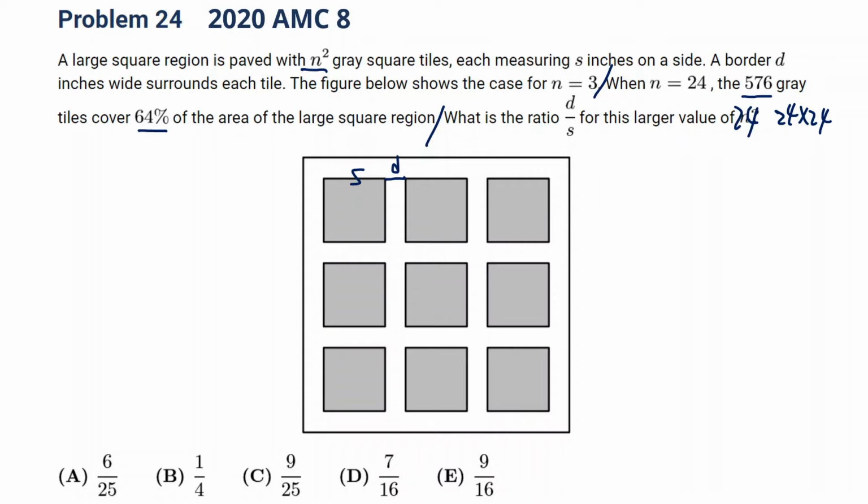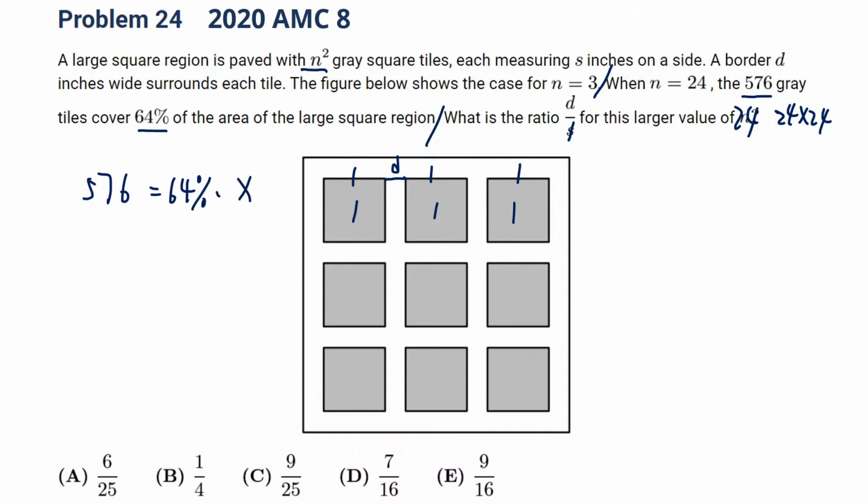So we need to simplify this question. How about we assume s is equal to 1? Because we are looking for the ratio, we can simply assume s is equal to 1. So each small square has area 1, and the total gray area we have, 576, is 64% of the large square region.